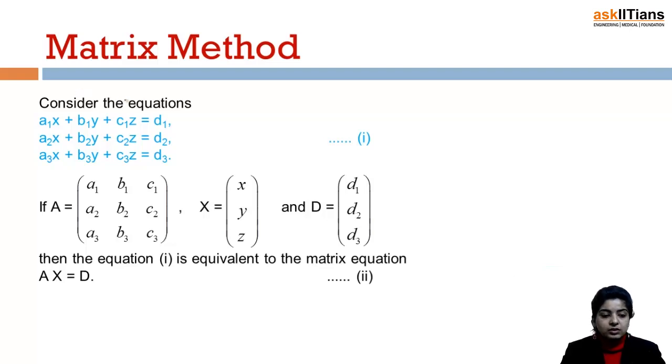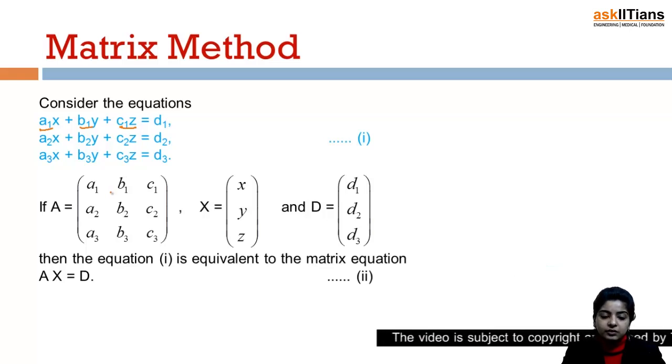Consider the equations a1x plus b1y plus c1z equal to d1, a2x plus b2y plus c2z equal to d2, and a3x plus b3y plus c3z equal to d3. Suppose we have this system of equations, then as we have already discussed, the coefficient matrix, that is the matrix A, is given by a1, b1, c1, a2, b2, c2 and a3, b3, c3.